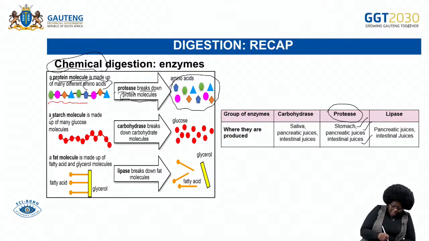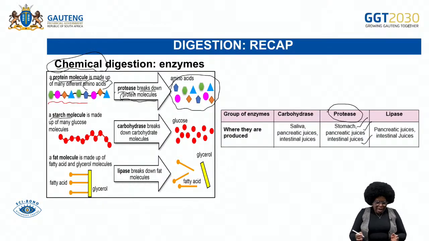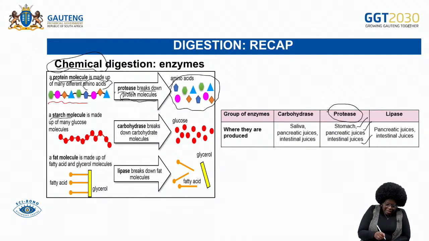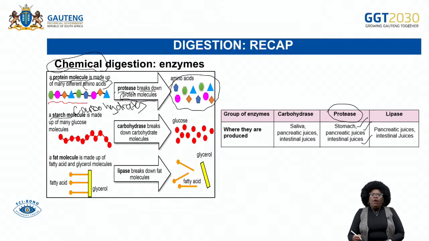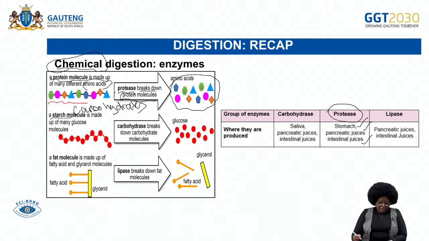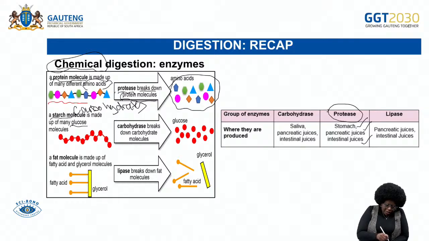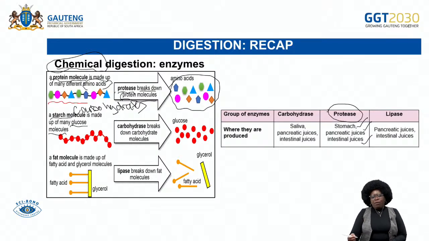When we speak about starch molecules, learners, we are talking about carbohydrates. Carbohydrates are made up of many glucose molecules. We said proteins are made up of many amino acid molecules, but carbohydrates or starch molecules are made up of many glucose molecules.